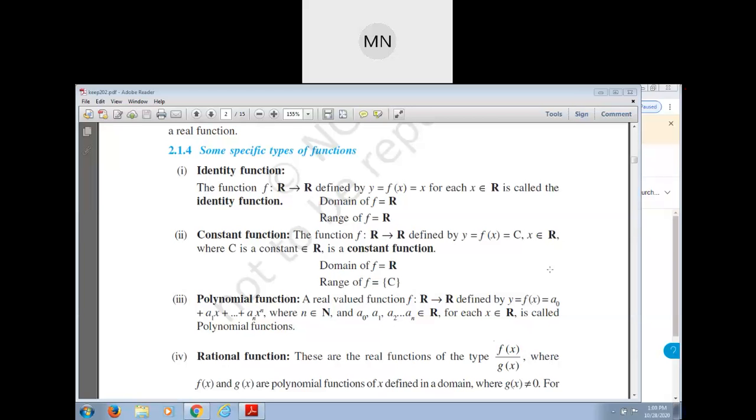And now tell me, suppose we consider an expression like x plus root 2 x square plus 5 x cube. Is it a polynomial function or not?